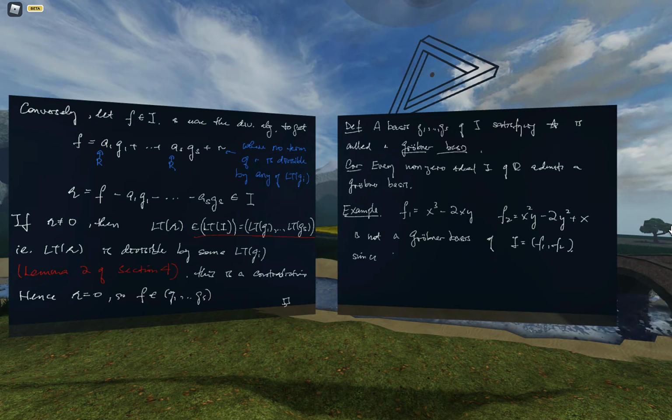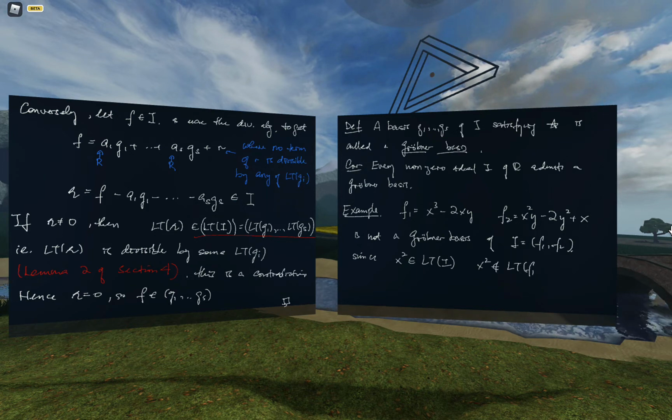Since x squared is in LT of I, but x squared is not in the ideal generated by the leading terms of the basis. So this is just the same as the previous example. I'm not repeating any of the calculations, just rehashing the statements. So we have a non-example of a basis but not a Gröbner basis.